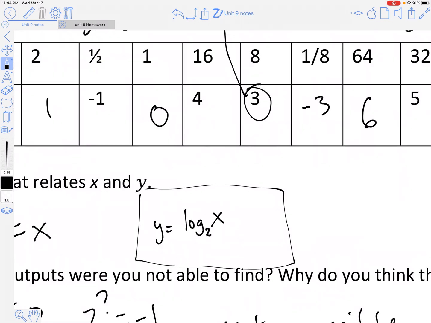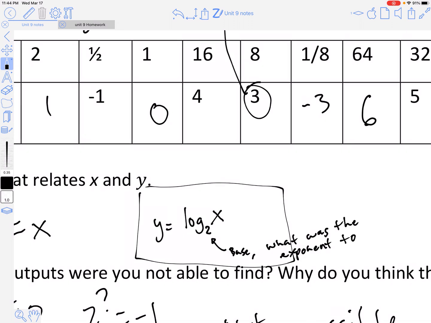So what this is saying is, here's the base. What was the exponent to get x? That's what a log is asking you. So it's saying, the base is 2. What was the exponent?